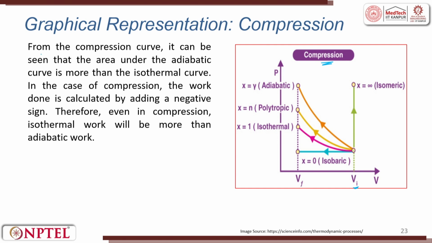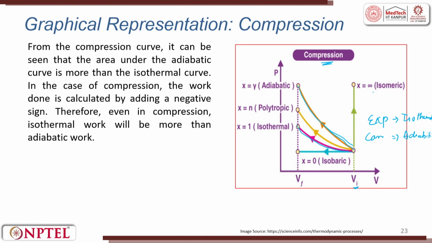From the compression curve, it may be seen that the area under the adiabatic does more work than isothermal. So you see here, it is for compression. This is for isothermal, this is for adiabatic. So during expansion, isothermal does more work, and during compression, the adiabatic curve does more work.